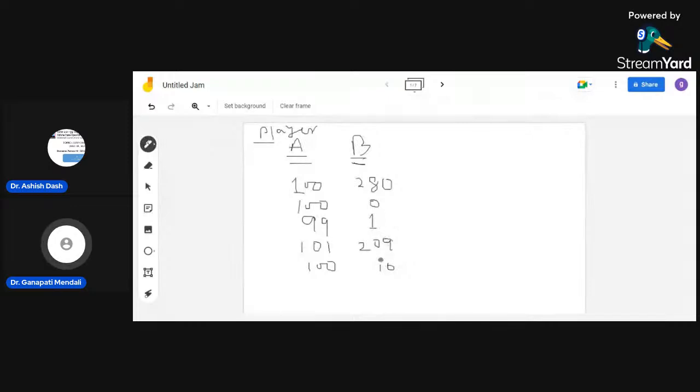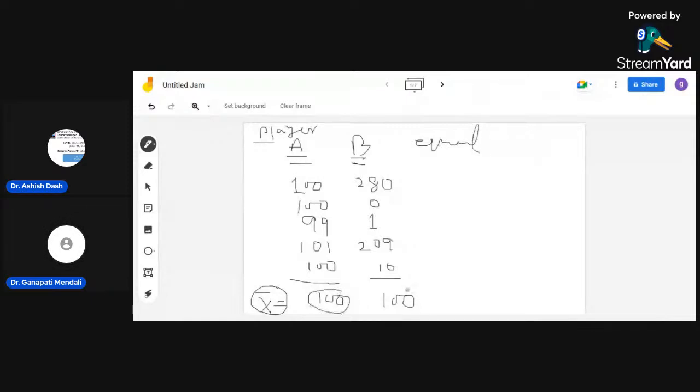Here, if we calculate the arithmetic mean for both players, how much is it? Again, it is 100, and here it is also 100. Based on this average, the arithmetic mean, both players are equal, because we can comment that their average run score is 100.